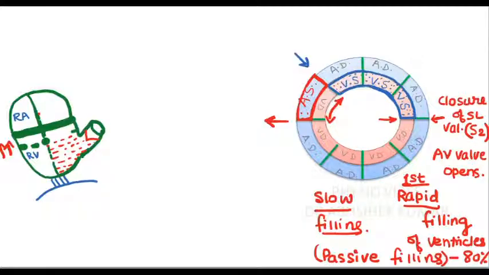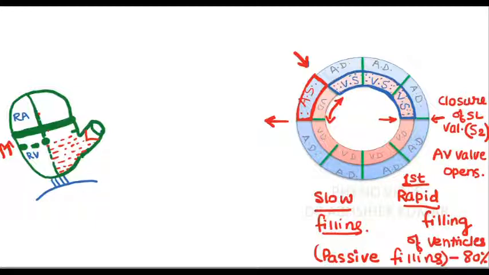Now analyze the situation at the end of this 0.8 second, means at this very point. Ventricle is completely filled with blood and atria has almost completely emptied itself.